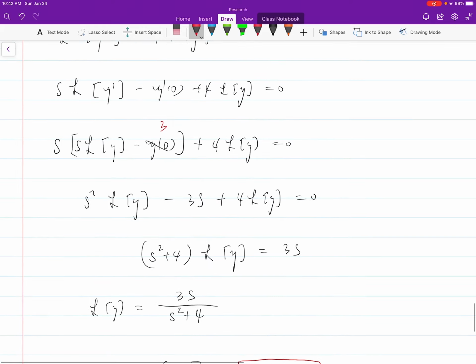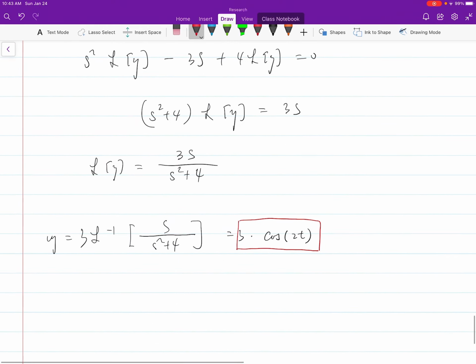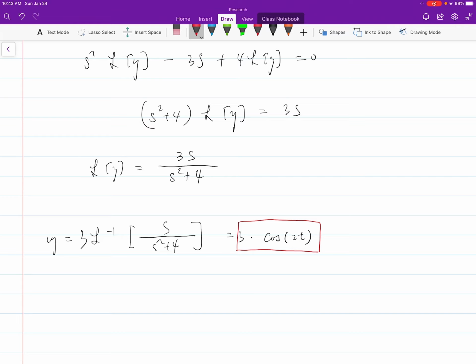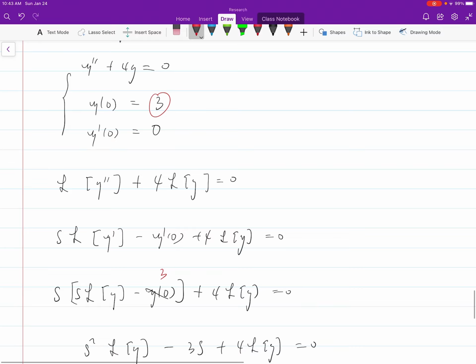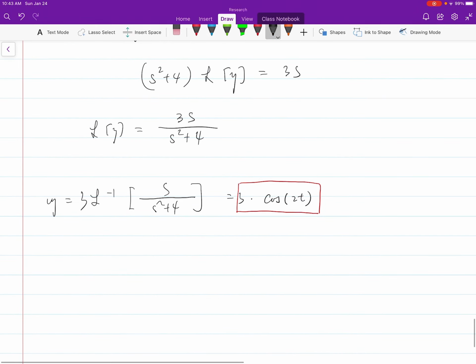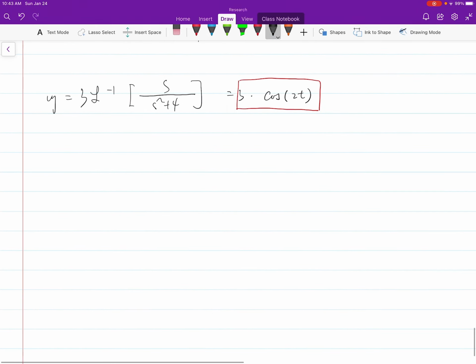You can plug in 0, you got 3. Plug in y'(0), you got 0, and of course it's a cosine 2t thing, so you satisfy the original equation. Good. So that's a Laplace transform thing, assuming we already know the Laplace transform of cosine, we can recognize it.